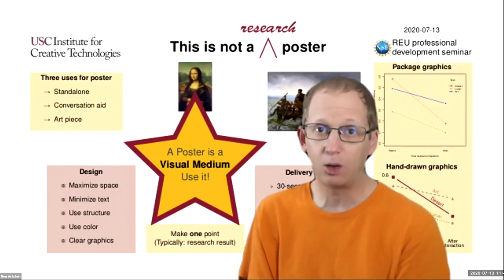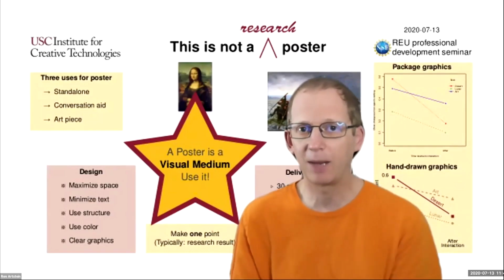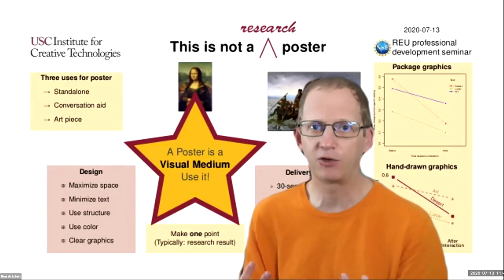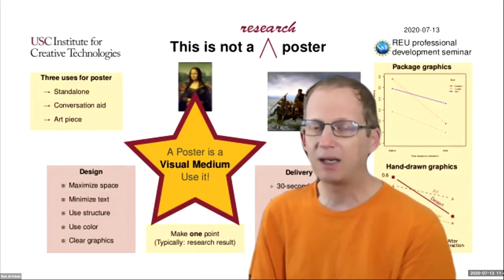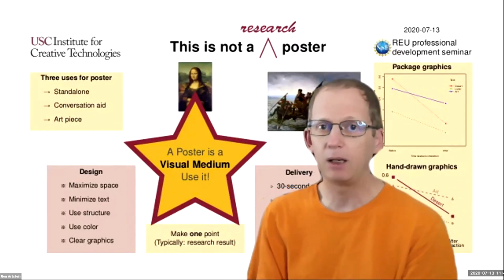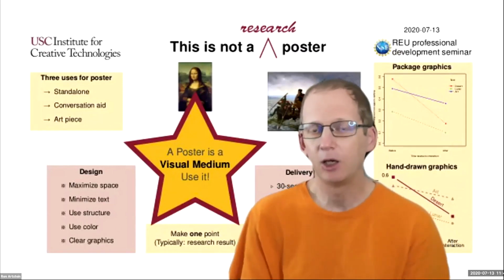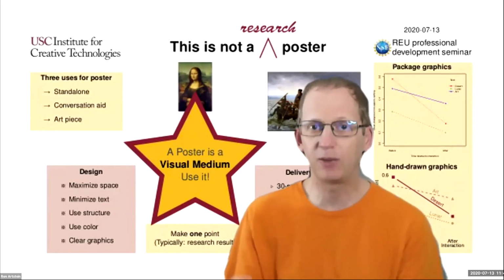You have to be careful here, because when I say around it, I'm talking about around it in the conceptual sense, not necessarily in the physical sense. So the key result does not have to be smack in the middle of the poster. There are many ways. Typically, you put the result towards the end, but it needs to be highlighted.